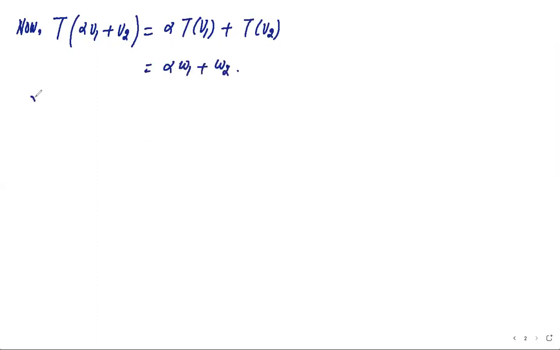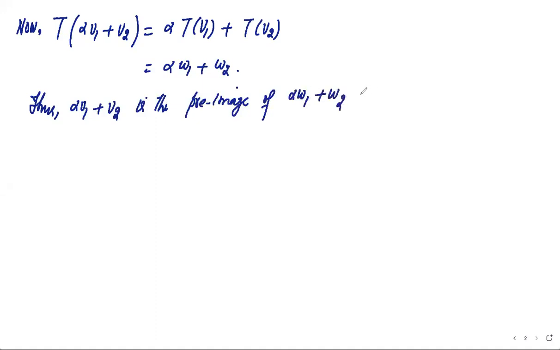So thus, alpha V1 plus V2 is the preimage of alpha W1 plus W2 under the linear transformation T, under the linear map T.